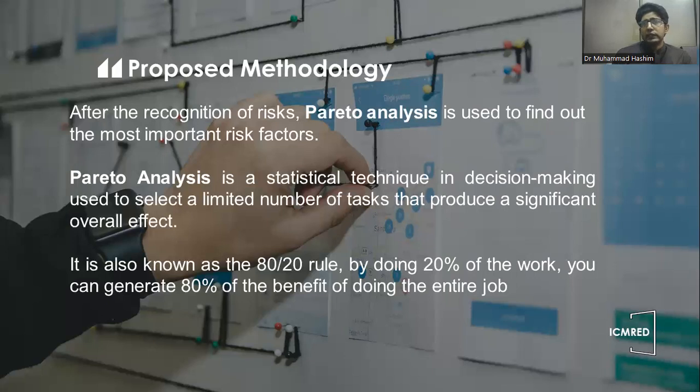So Pareto analysis is a very useful tool if we have a large number of factors. By using it, we can identify the most important factors that we can take as a first preference for improving performance.